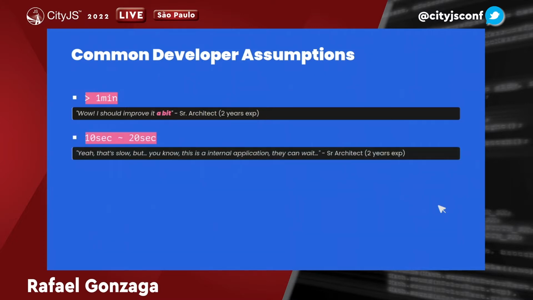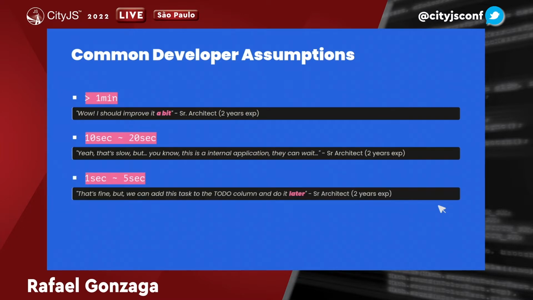And when it goes from 10 seconds to 20, they will say, "Oh, that's slow, but it's the entire application, so that's okay." But when it goes from 1 second to 5 seconds, they will say, "That's fine, let's do it later." You know, let's add a new task and leave it in the backlog forever.